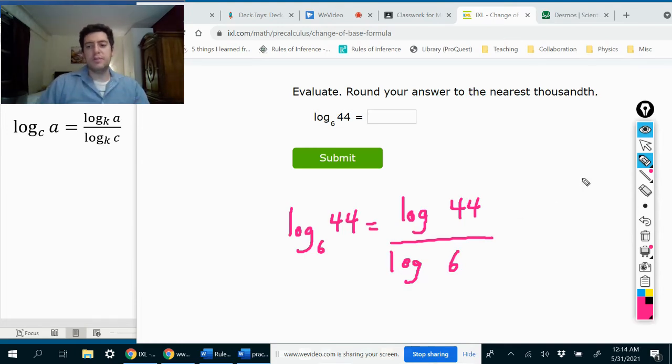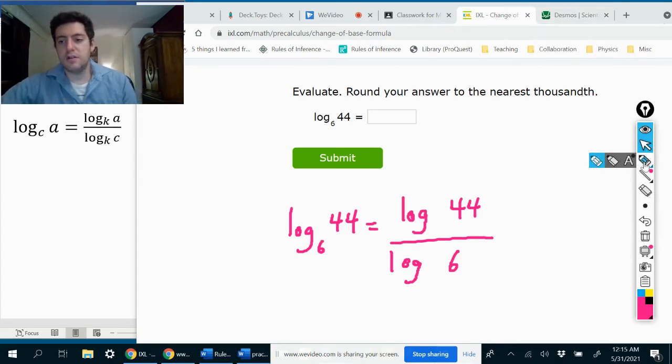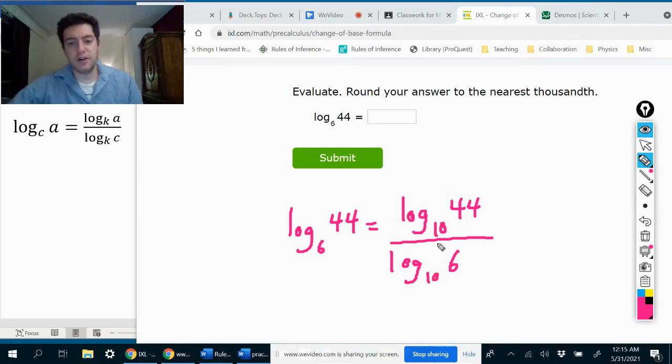But since we are going to be using a calculator for this, if you just type log into the calculator, then it's going to do base 10. But that's fine, we could do base 10, because it really doesn't matter what base we use. So I could write a 10 in here, and choose that as my base, and that would work.